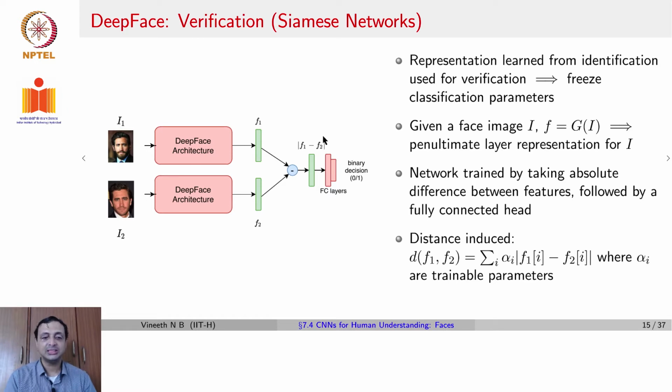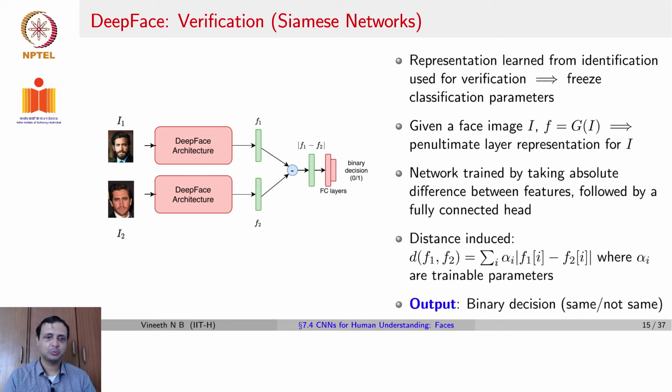So the distance induced in this particular scenario is F1 minus F2 of I into alpha, where alpha is a weight learned in this particular layer, and the final output is then a match or a not match, or a same or a not same.